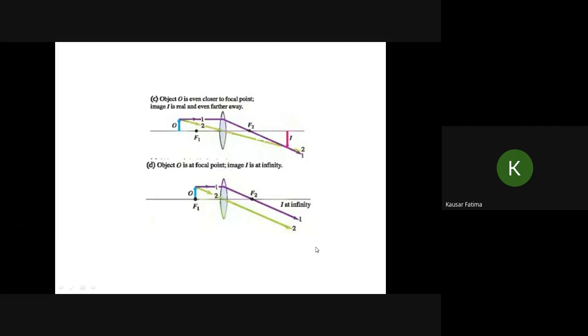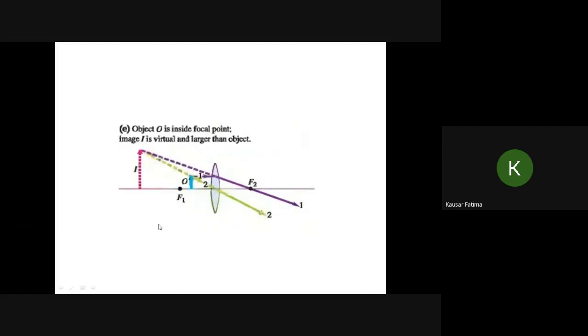Now we are bringing the object closer to the lens. First it was beyond 2f, then at 2f, then between f and 2f, then f, now between optical center and f. Here is the optical center, this is the object, and the ray which is parallel to the principal axis goes through f2 on the other side, and the ray which strikes the optical center goes undeviated.